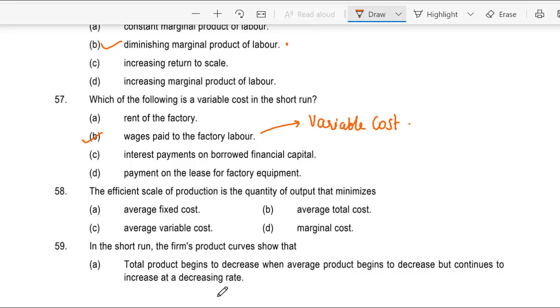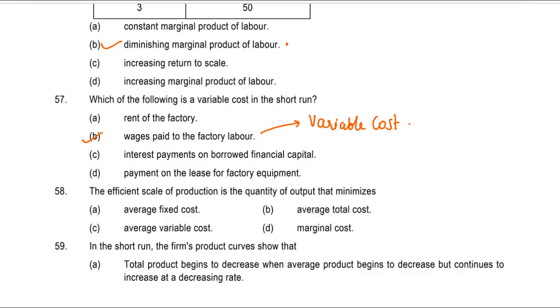Let us continue. 58th. The efficient scale of production is the quantity of output that minimizes A. Average fixed cost. B. Average total cost. C. Average variable cost. Or D. Marginal cost.